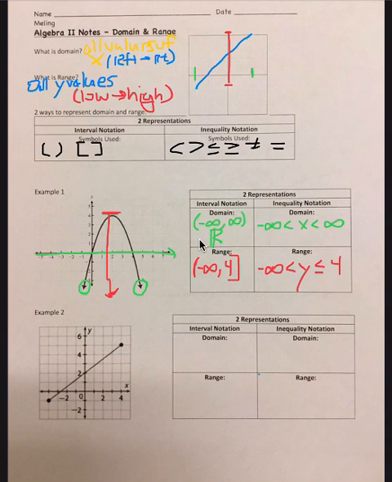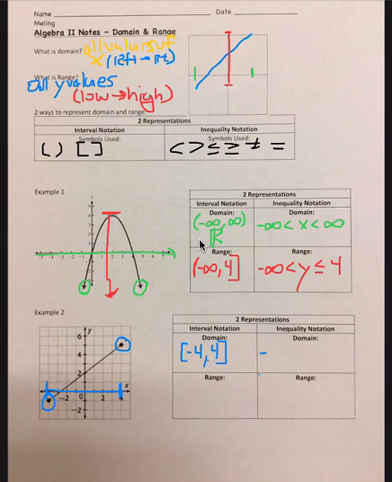All right, now let's look at our second example. We have interval notation, inequality notation of the graph over here. And you can see as we're going for the domain from left to right, it goes along there. And so you can easily see we have a point at either end, closed point, so that means we're going to be using brackets. So the domain starts at -4 on the left, and it goes off to +4 on the right, both closed.